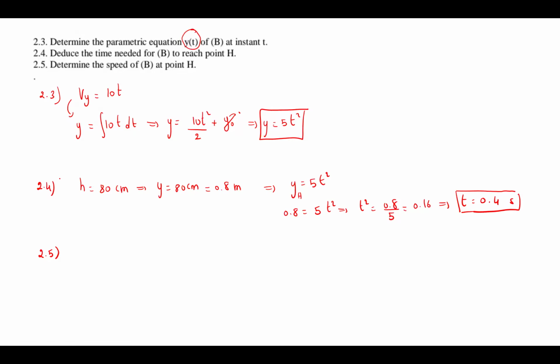So in this case, V at the point H equals radical Vx squared plus Vy squared. So I have to find Vx and Vy.